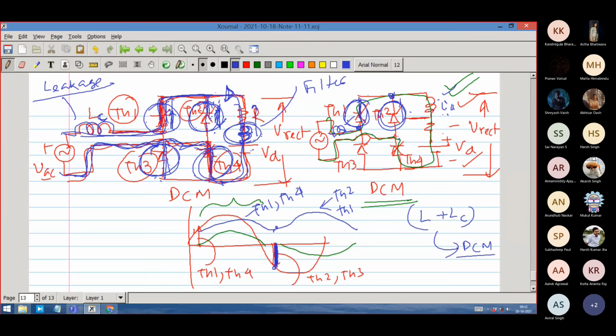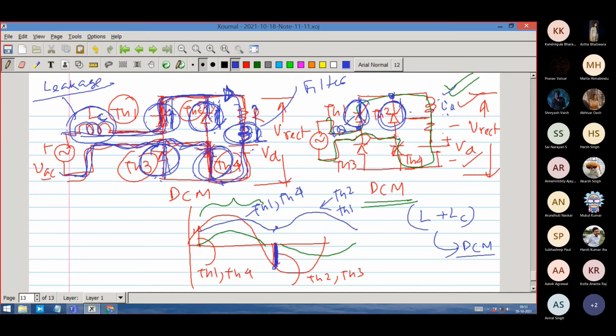However, it will make a difference if the L value and R value are such that the circuit is in continuous conduction mode. That means the current at the load end will have to be maintained continuous, but there is an undesirable leakage inductance which will always be there in the supply system. Any supply system is not so ideal.